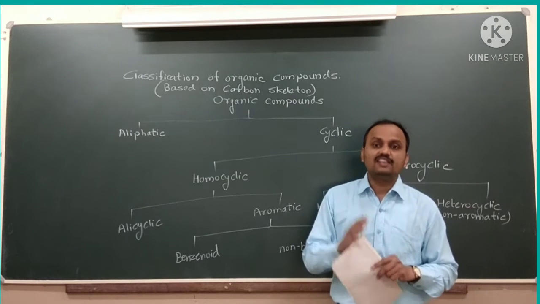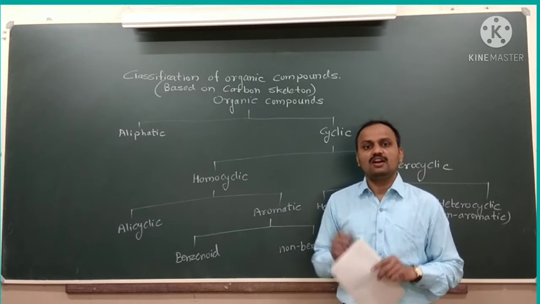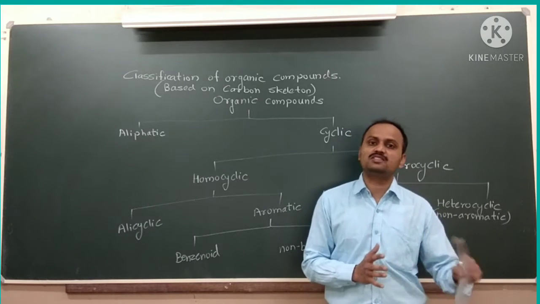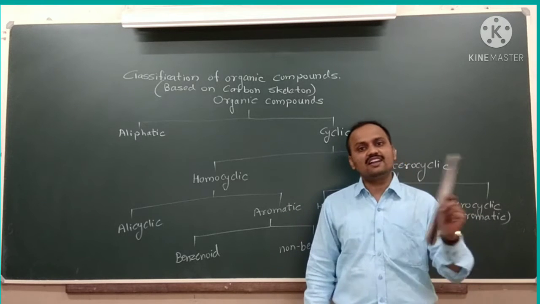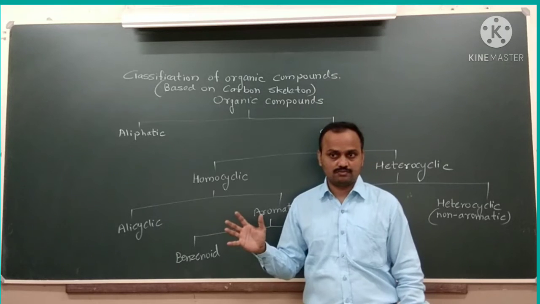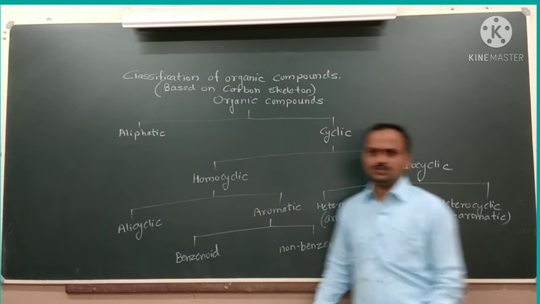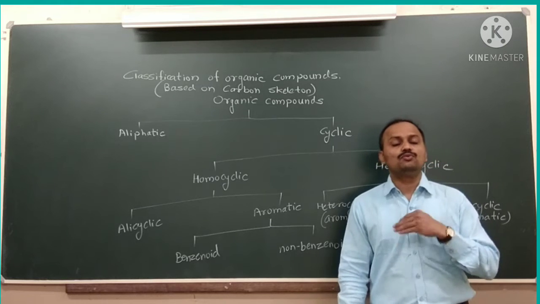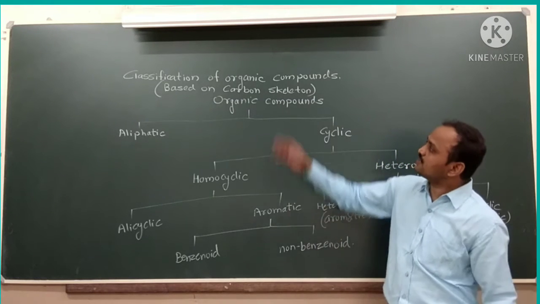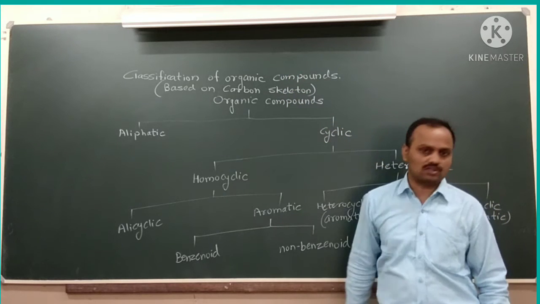It is said that the total number of compounds of elements other than carbon is less than the compounds of carbon. You know very well, the reason is catenation. Carbon can form a very large number of compounds, so to classify organic compounds is very important for us.